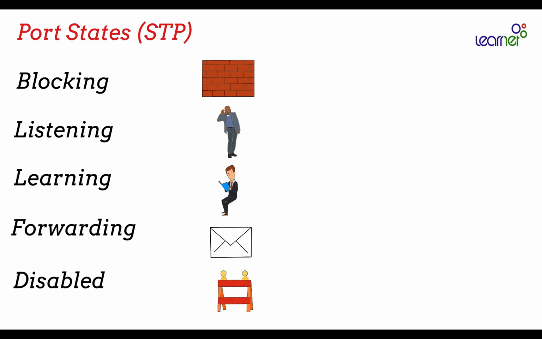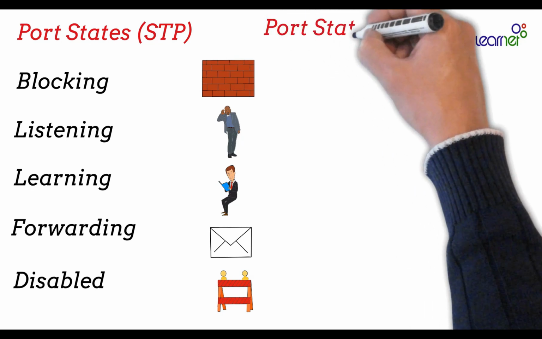To summarize, the only state in which the port forwards frames is forwarding. The port learns MAC addresses in two states: forwarding and learning. For RSTP, we have similar states with a couple of differences.